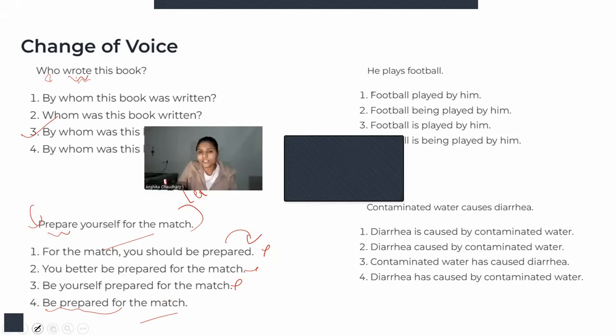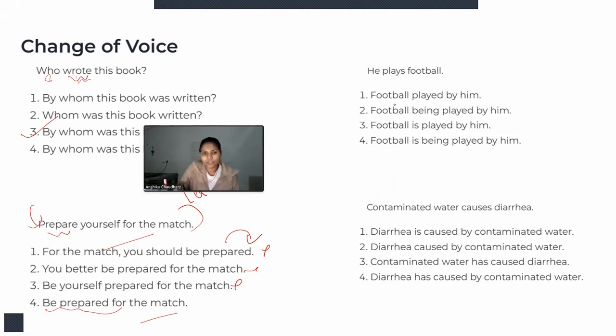Okay, let's move here. The next is he plays football. So it is present simple, plays is a singular verb, right? So it would be converted to is, am, or are. As it is singular, it will be converted to, sorry, third form. In active passive voice we use the third form, right?